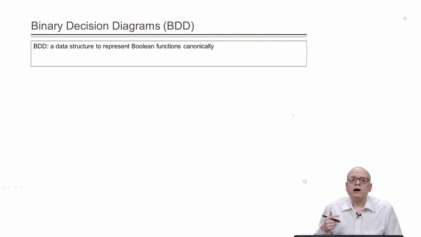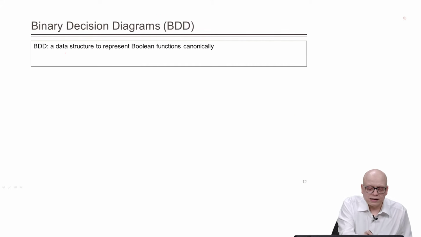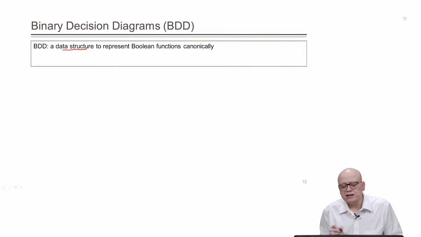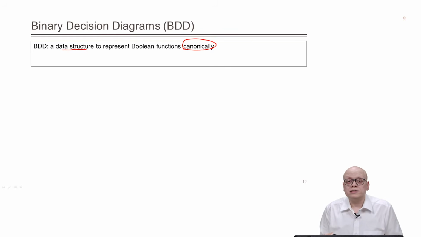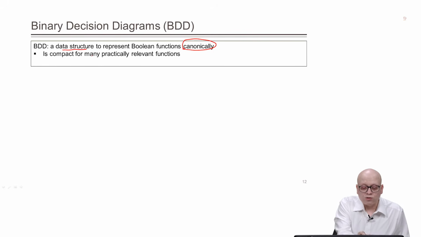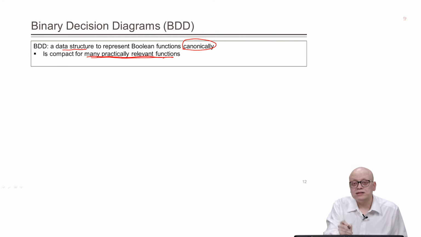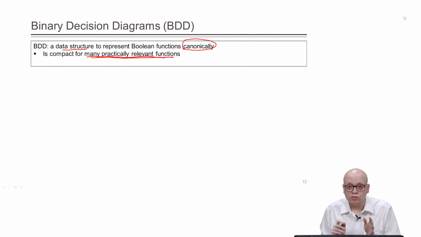Now, let us look at what a binary decision diagram or BDD is. BDD is a data structure to represent Boolean functions canonically. BDD is compact for many practically relevant functions, not for all.